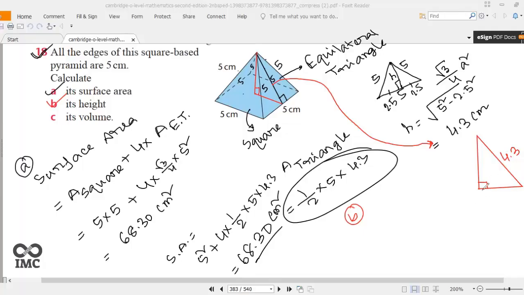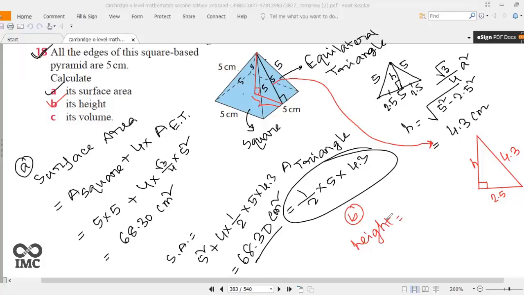What's the base? This part is actually half of the side. The total side is 5, so half of this side is 5 by 2, that will be 2.5. Now, how can we find this perpendicular height?